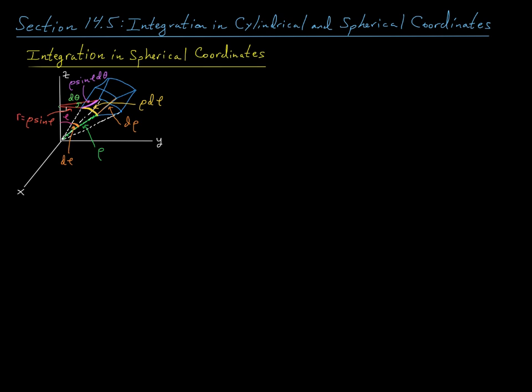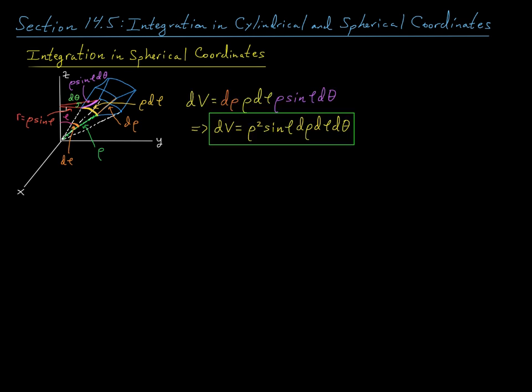Now, if I rotate this red length through a small differential angle d theta, I'm going to carve out this little circular arc in purple. To measure its length, I take the radius, which is just the red length, rho sine phi, and multiply that by the central angle, d theta. So this product, rho sine phi d theta, gives me the length of this little purple circular arc.